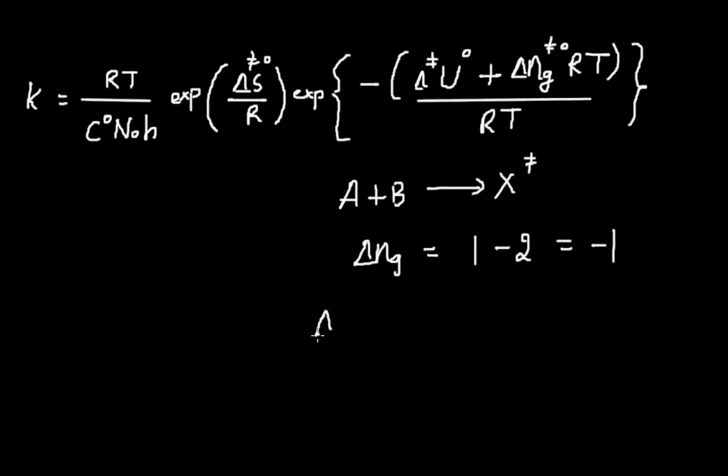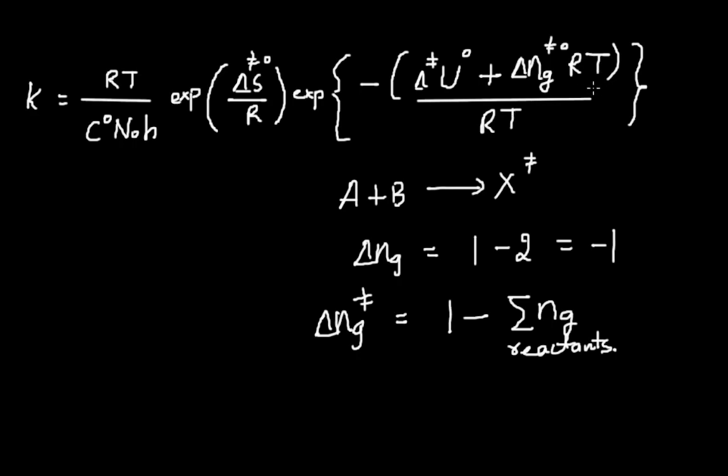So delta Ng, the expression in general is given by 1 minus the number of reactant molecules. So this is your expression. Plug in this thing there. So when you plug in this, what will happen?